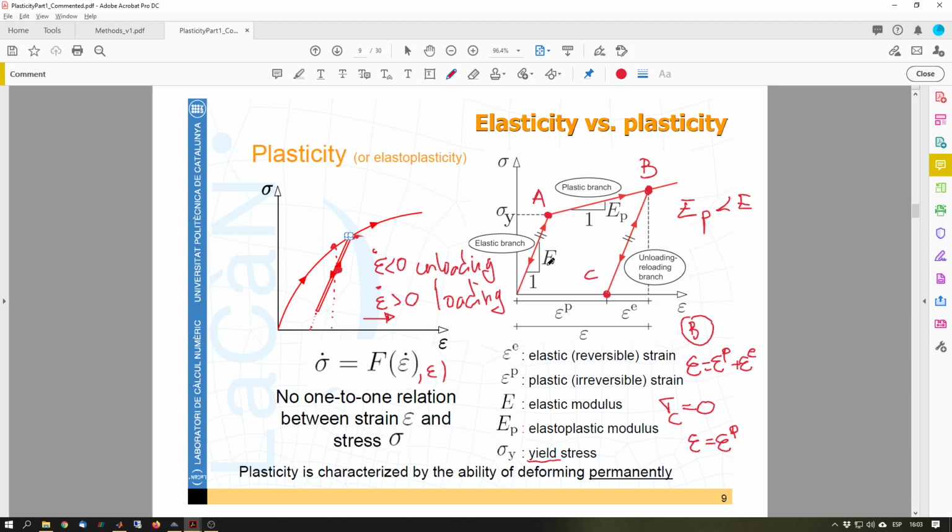These permanent deformations are what we observe in some applications. In the car industry or aeronautical industry, you start with a flat shape, apply some casting or molding, and then you get a deformed shape.